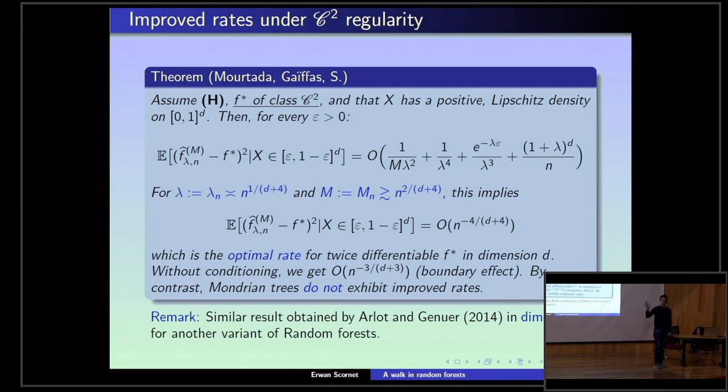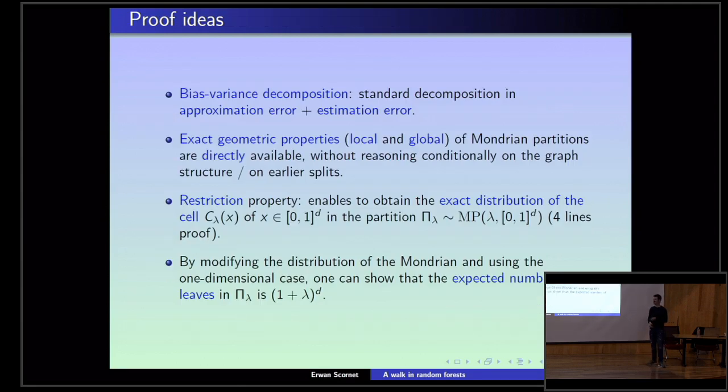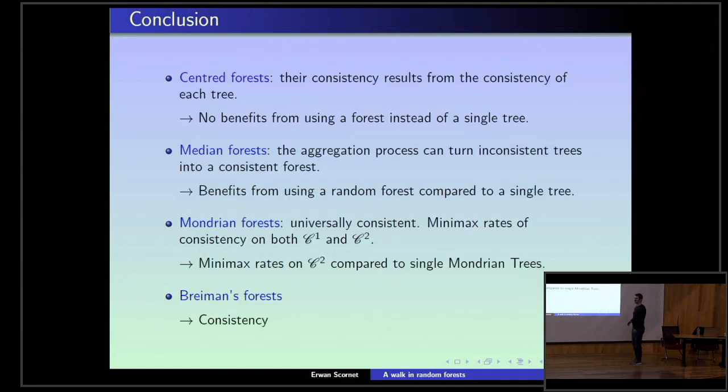So before, for median forest, this would be the conclusion. For median forest, you have a benefit in terms of consistency. A single median tree is not consistent, but the forest is consistent.